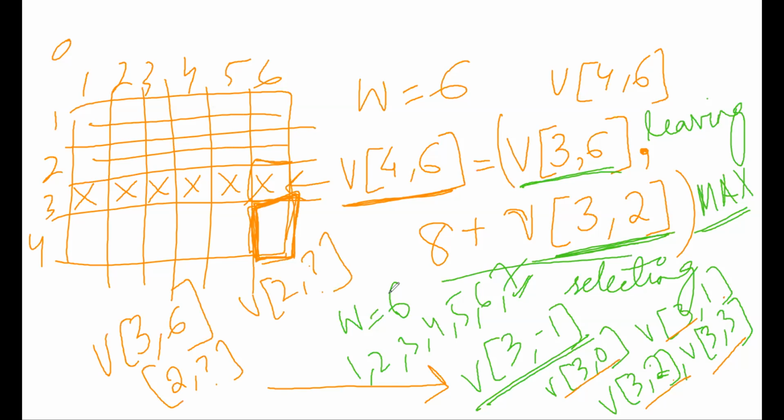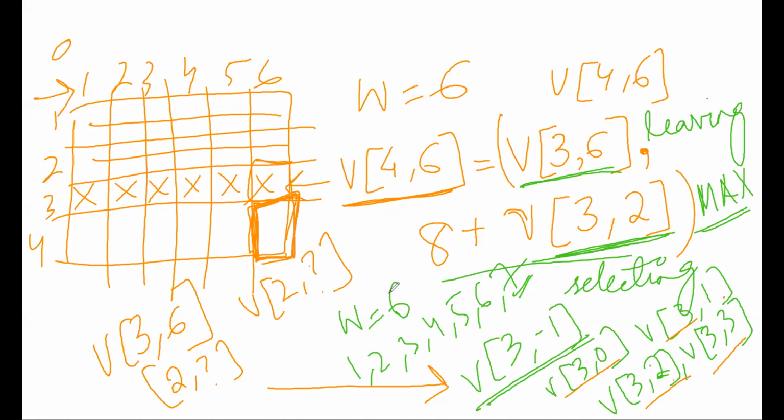So I have to calculate the first row. That means to calculate the fourth row, I need the third row. To calculate the third row, I need the second row. To calculate the second row, I need the first row. So my bottom-up approach should start from the first row. So I have to do row-wise calculation.